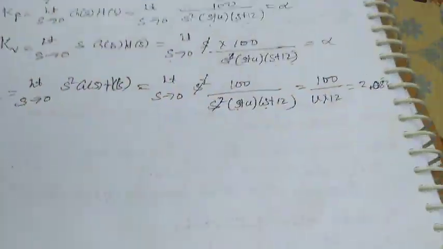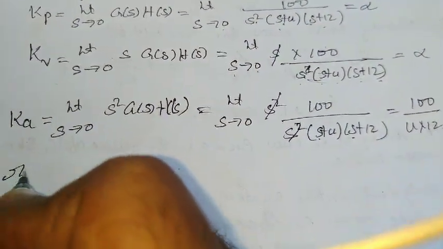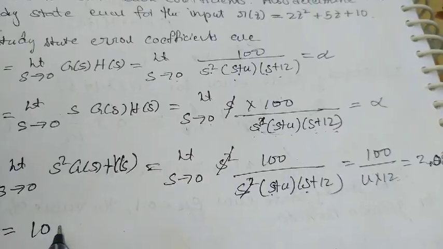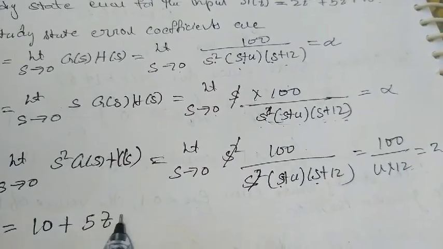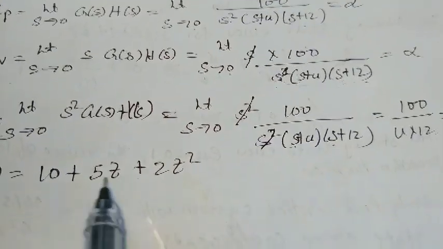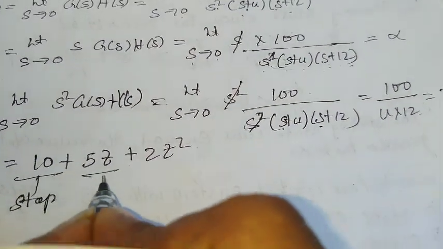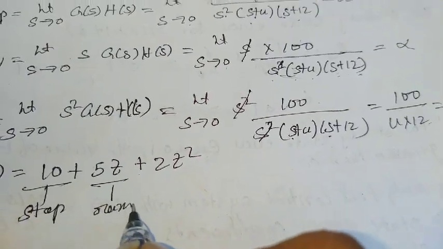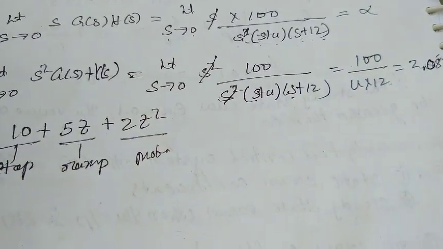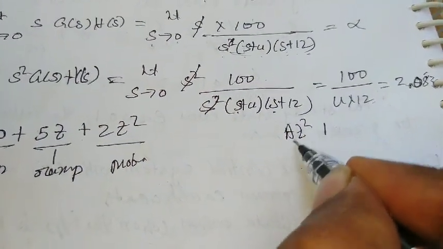Now he is asking you to find out steady state error for the input r(t) equals 10 plus 5t plus 2t square. So here you have all three types of inputs. This is step input, this is ramp input, and this is parabolic. The parabolic standard form, as we know, is At square by 2.